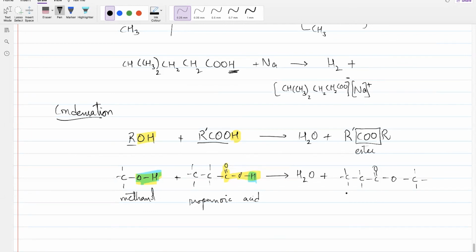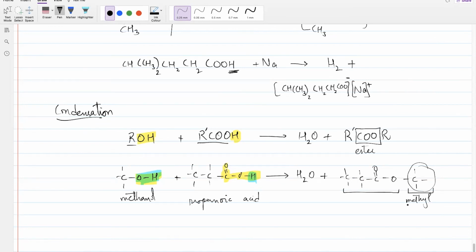Okay, let's see. अब आप देखिए, this part makes it an ester and this is that is connected to it. So जो alcohol से चीज आएगी, that's an alkyl. Okay, so this one, ये alcohol से आया है, इसका नाम है methyl.